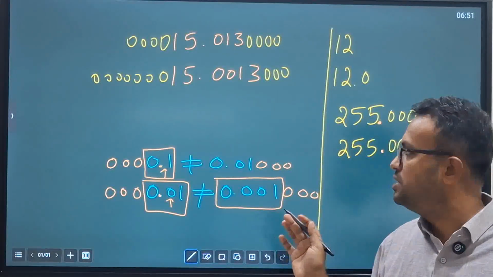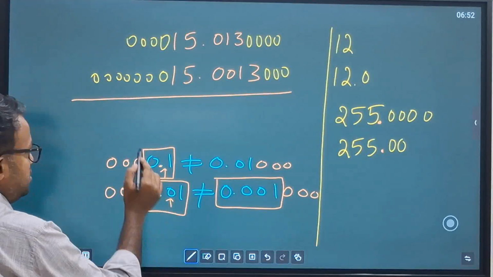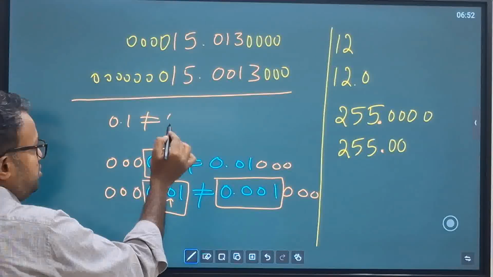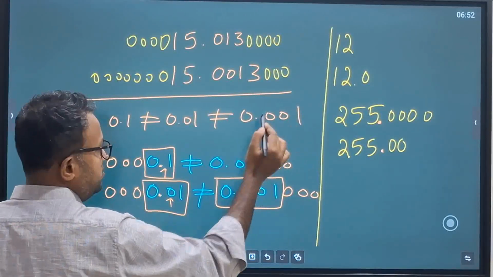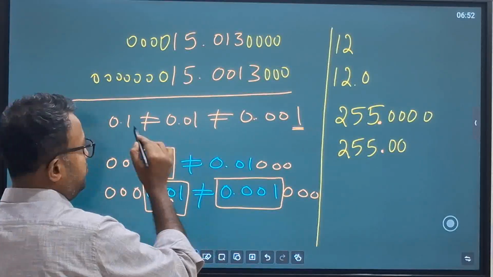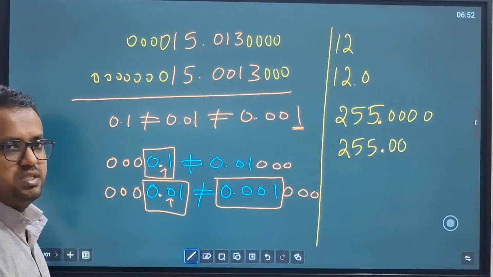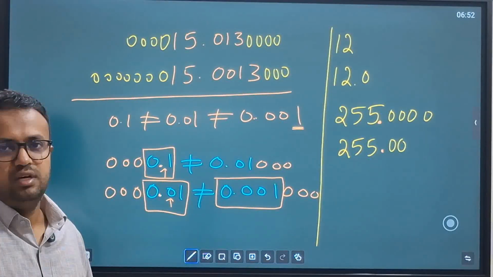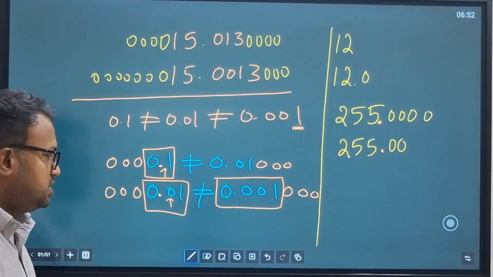That's the fundamental thing. To summarize, 0.1 is not equal to 0.001, which is not equal to 0.0001. Without understanding this, you cannot convert a decimal number to a fraction.